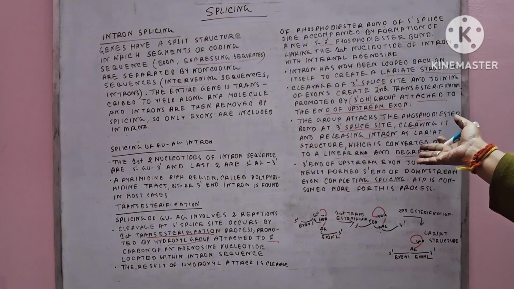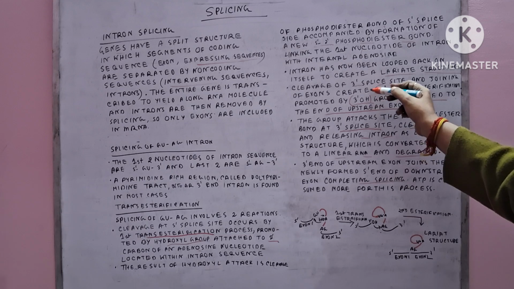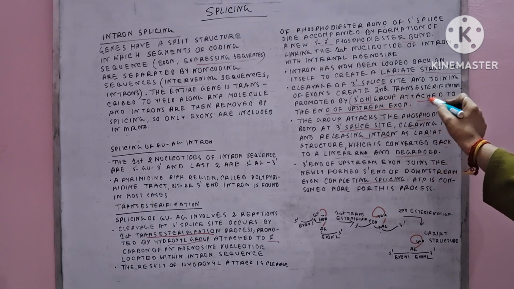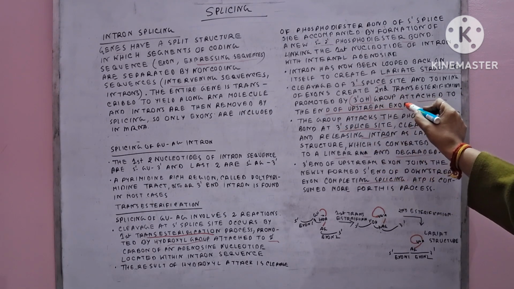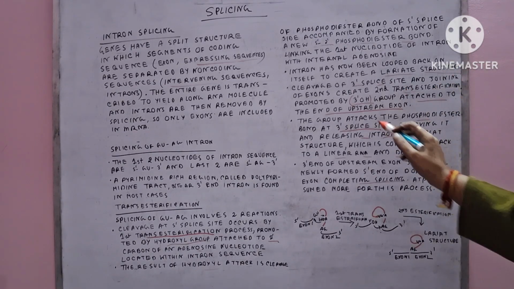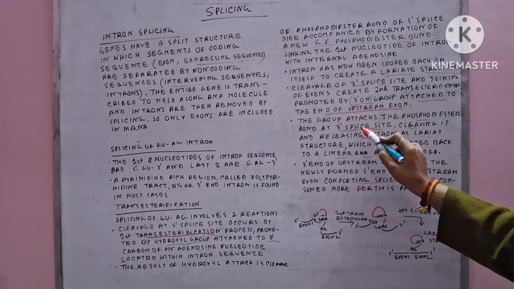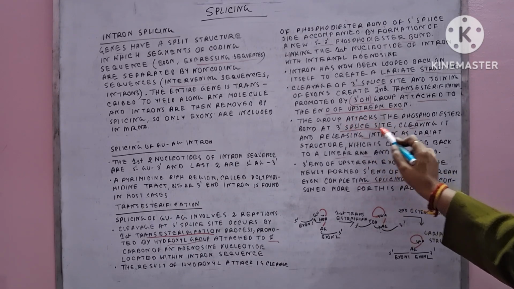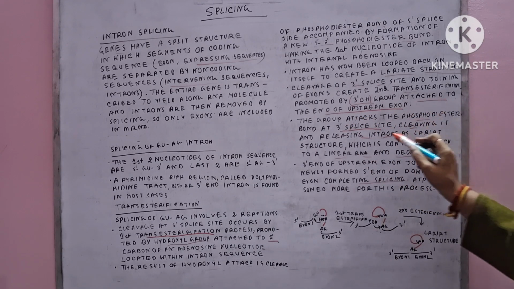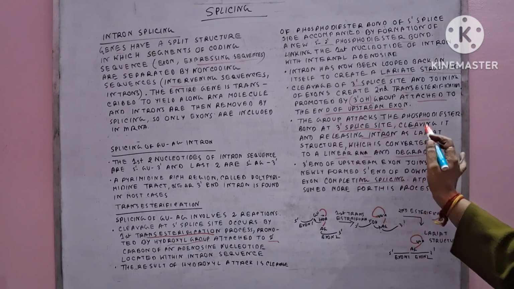So the second case is what? Very important: the hydroxyl group attached at the end of the upstream exon creates the second esterification, and this group attacks the phosphodiester bond at the 3' splice site, cleaving it, where the introns are released by forming a lariat structure and degraded.